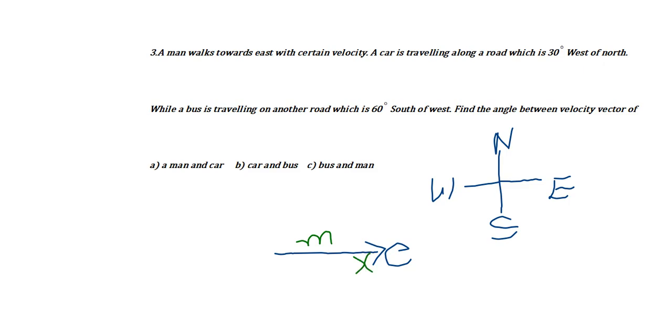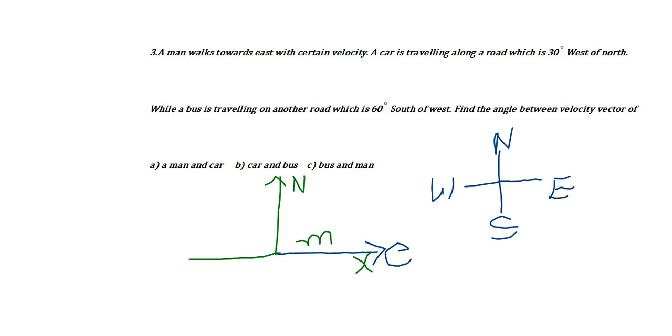Next one is, a car is traveling along a road which is 30 degrees west of north. This is east. This direction is north. So a car is traveling along a road which is 30 degrees west of north.